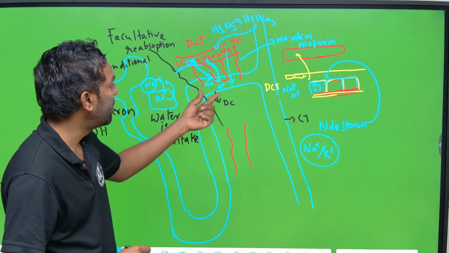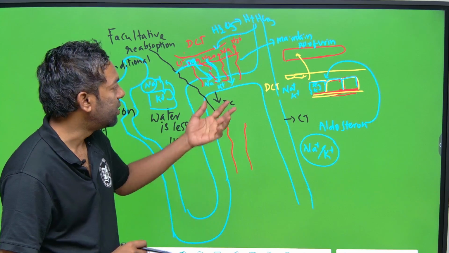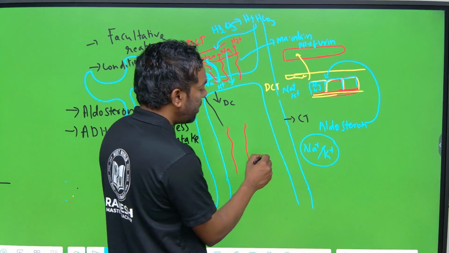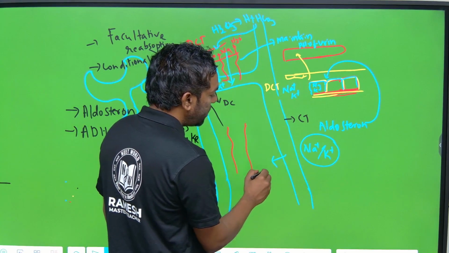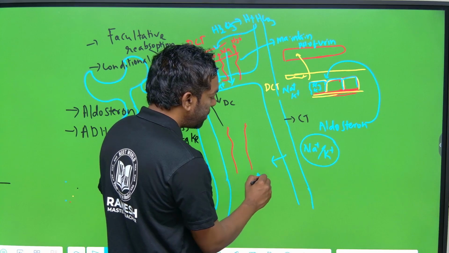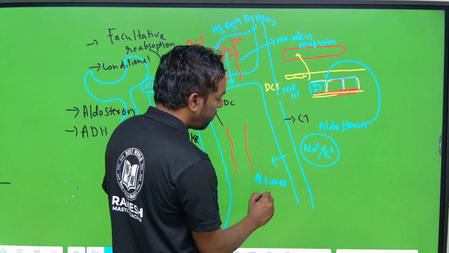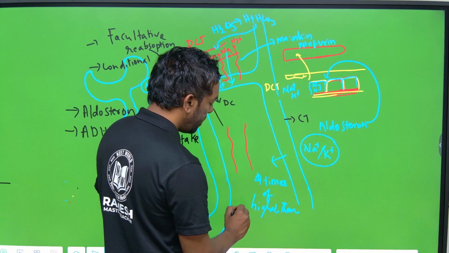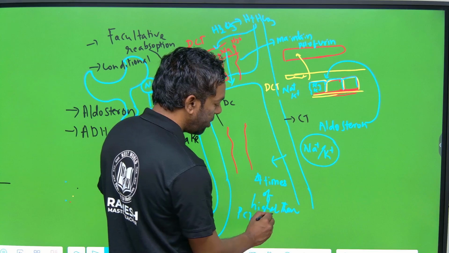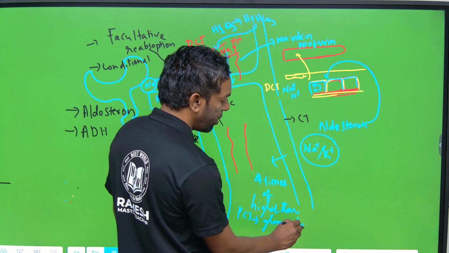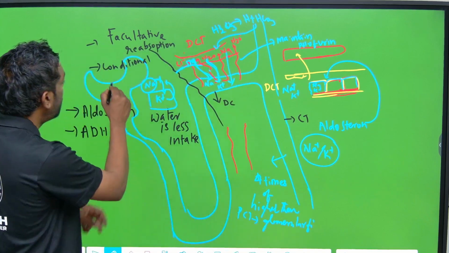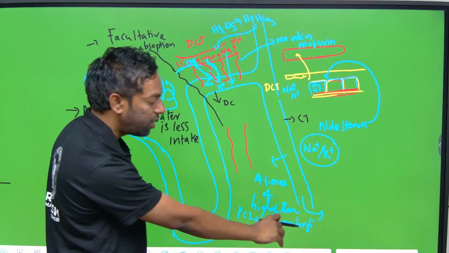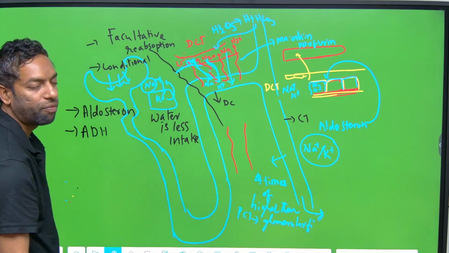This is important: when aldosterone acts, the potassium and sodium channels open. A high concentration of urine is formed, meaning 4 times higher than at the PCT or glomerular filtrate. Where the glomerulus filters, the collecting duct collects urine which is 4 times more concentrated than the initial filtrate.